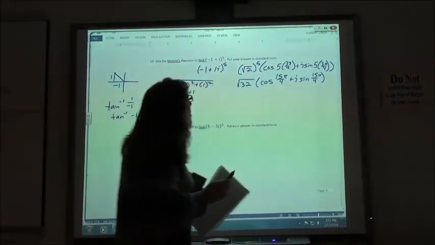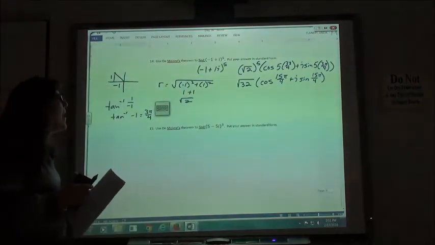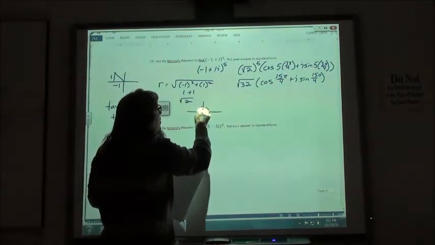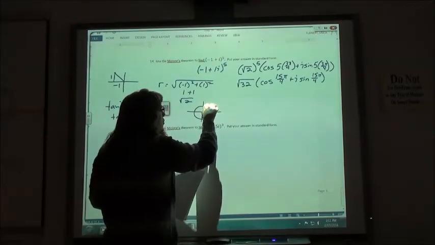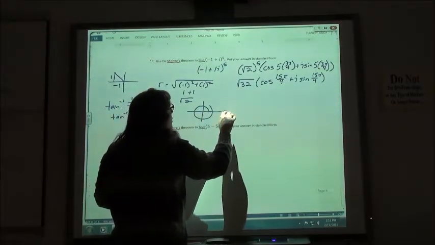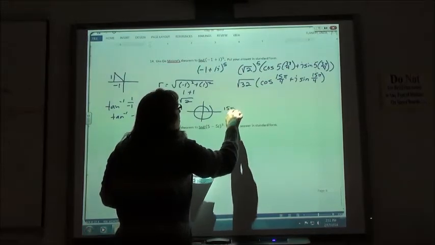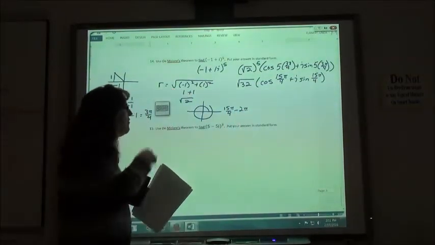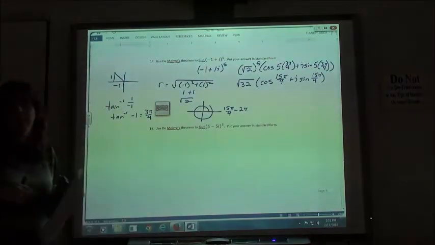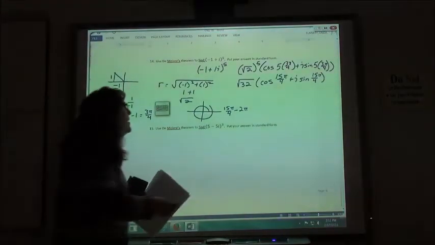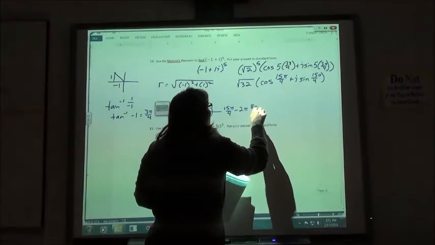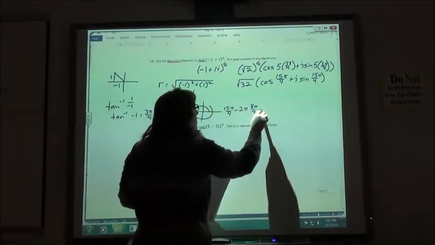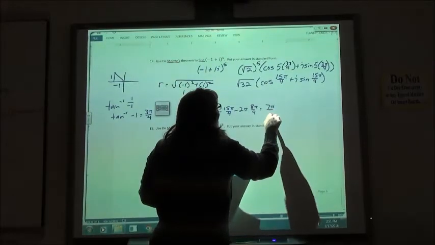Now 15 pi over 4 is more than 2 pi, so I want to think about when I have my thing that I'm going around, and how much farther do I have to go around? So I'm going to take my 15 pi over 4 and subtract 2 pi from it, because I'm trying to find the equivalent angle that's between 0 and 2 pi. So this would be 8 pi over 4. 15 pi over 4 minus 8 pi over 4 would be 7 pi over 4.